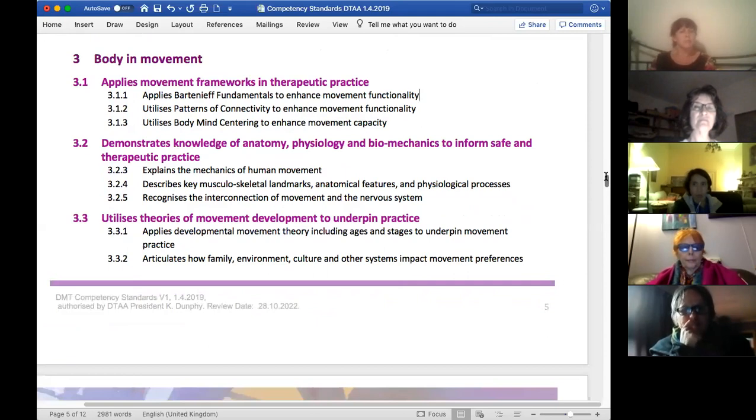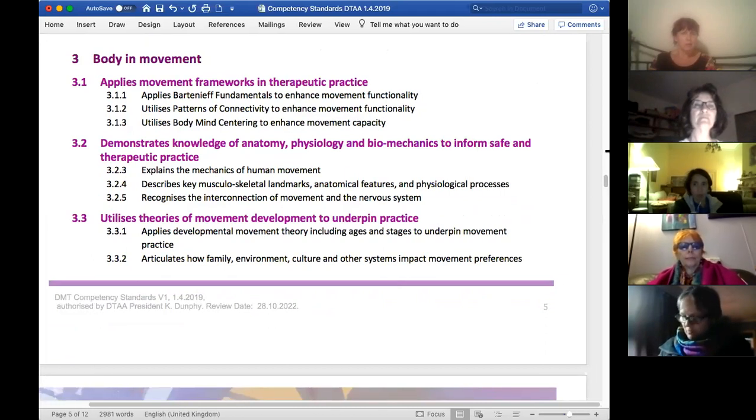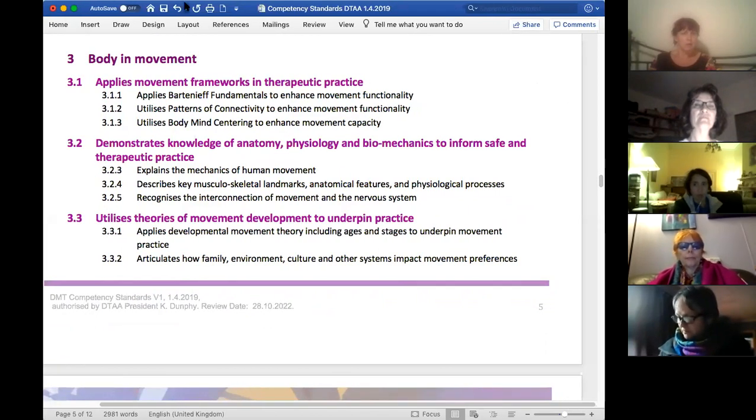Now, this one we're still chewing on a bit, perhaps, but certainly key movement frameworks that help support therapeutic practice could be considered Bartenieff Fundamentals, Peggy Hackney's patterns of connectivity, possibly Body-Mind Centering.